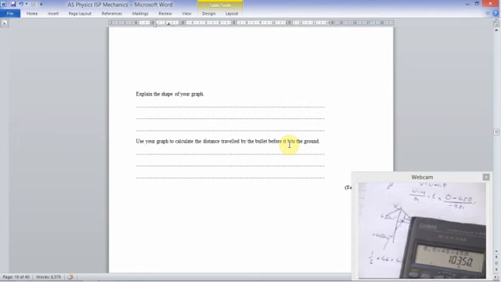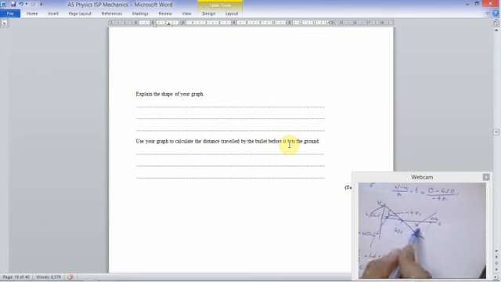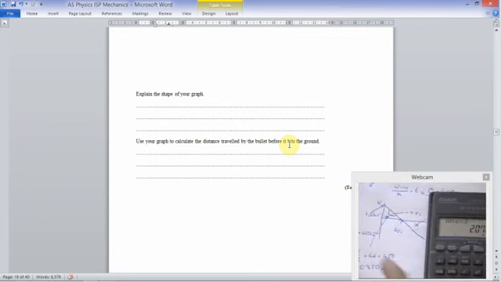So this chunk over here is equal to 10,350 meters. We need to double that because these two are equal, so we times that by 2. We end up with 20,700 meters as a distance travelled.